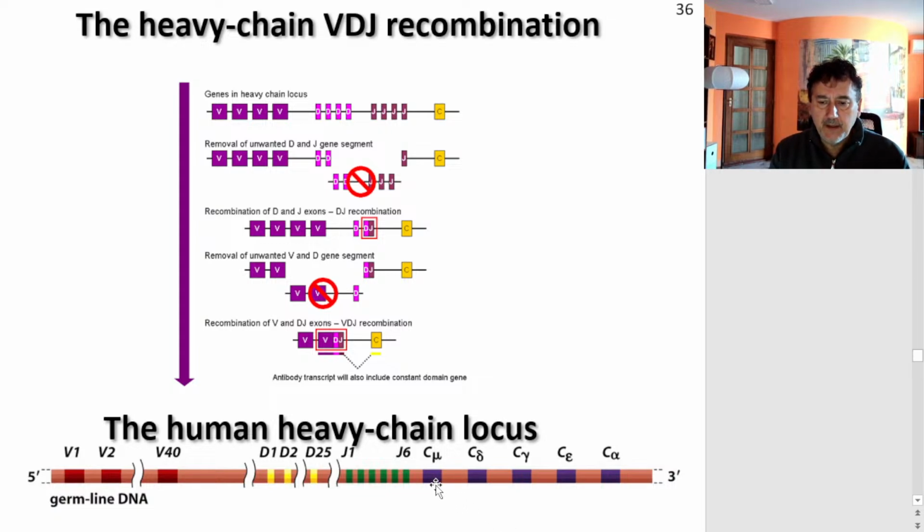So here you can see that the closest constant region domain is C mu, and this is the reason why the B cell receptors are always IgM, because C mu is the closest constant region, and this occurs before the encountering of the antigens.